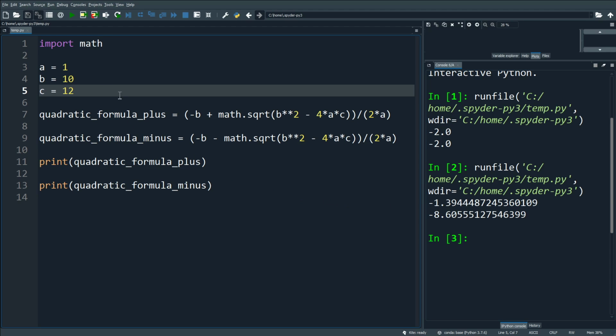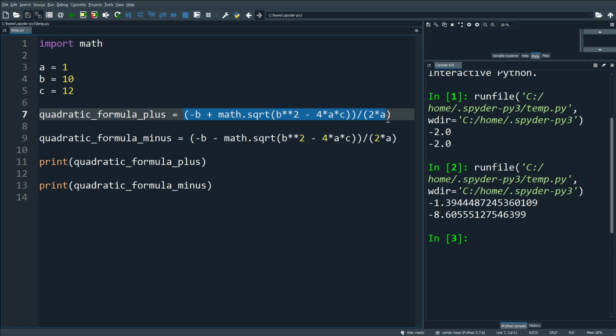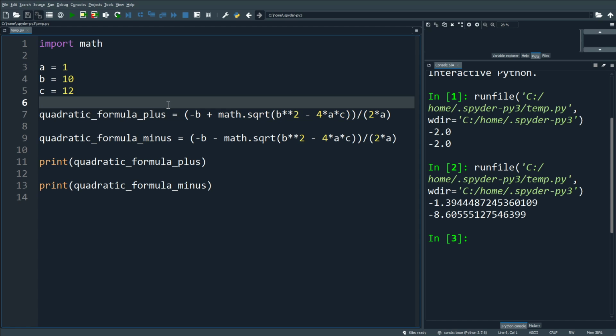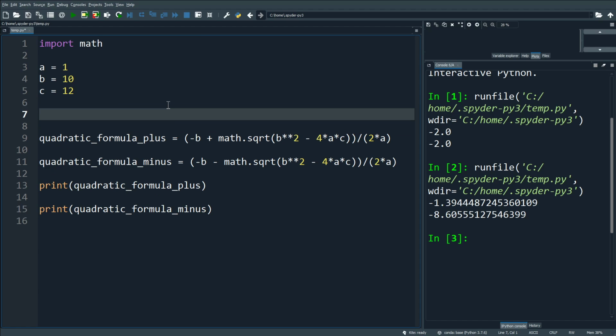Now, a good programmer might look at this and be like, oh, this is kind of ugly. Is there any way I can simplify it? Well, yes, there is. In the quadratic formula, we notice that it has the same b squared minus 4ac in both of them. Now, there is a name for that I forget what it's called, which is kind of embarrassing being a math teacher, but whatever.